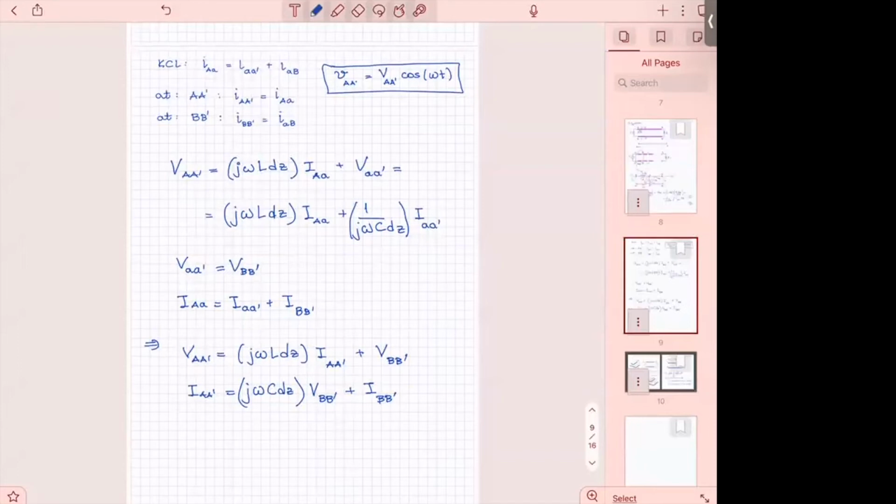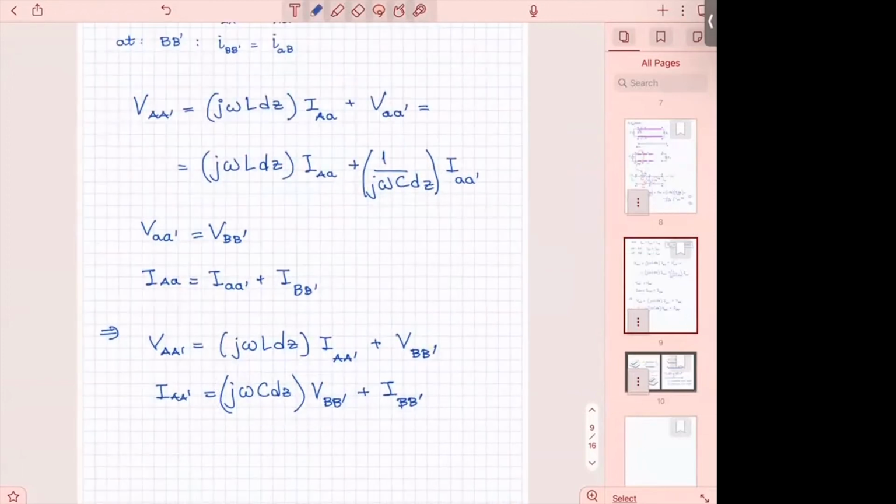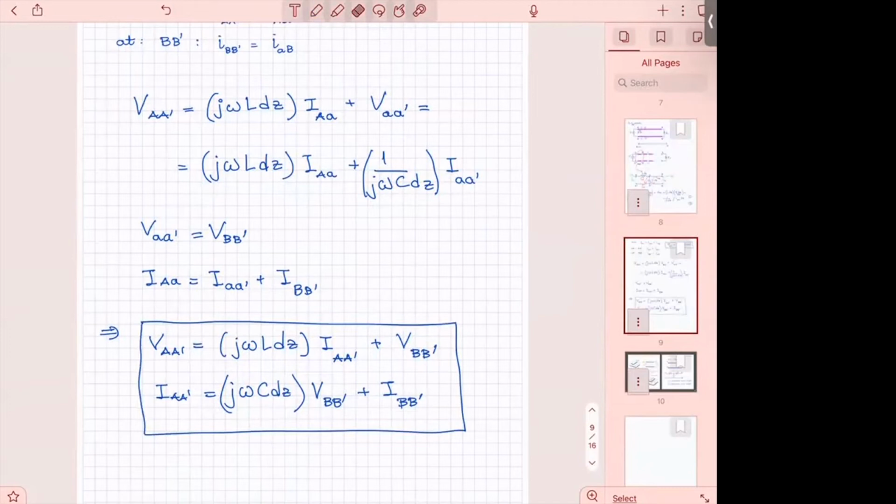So do you know why I wrote this as this? From the relationship between V and I at the capacitor. All right. So now I have this set of equations. I have two sets of equations that have only the external entities: V_AA prime, V_BB prime, I_AA prime, and I_BB prime.